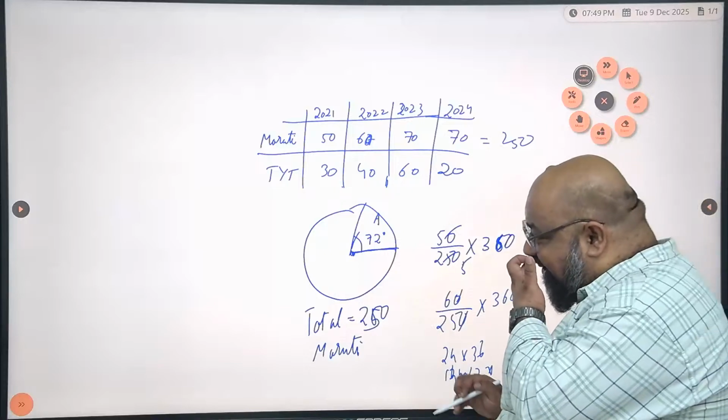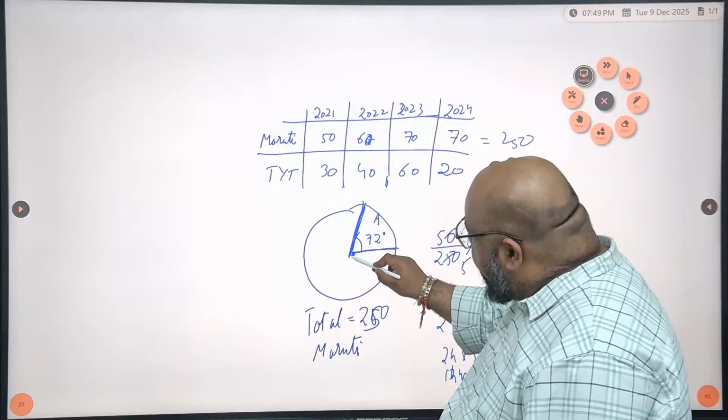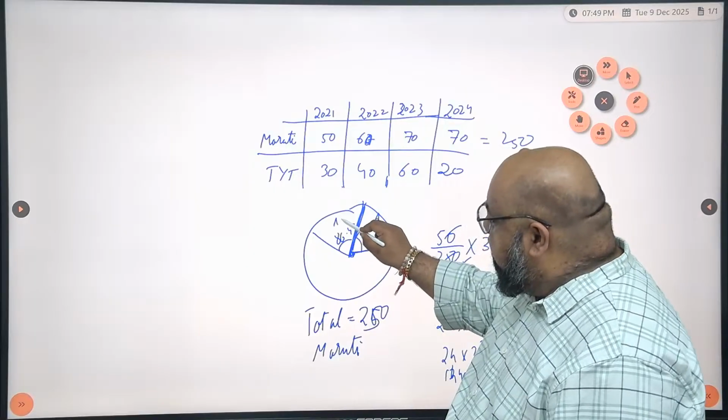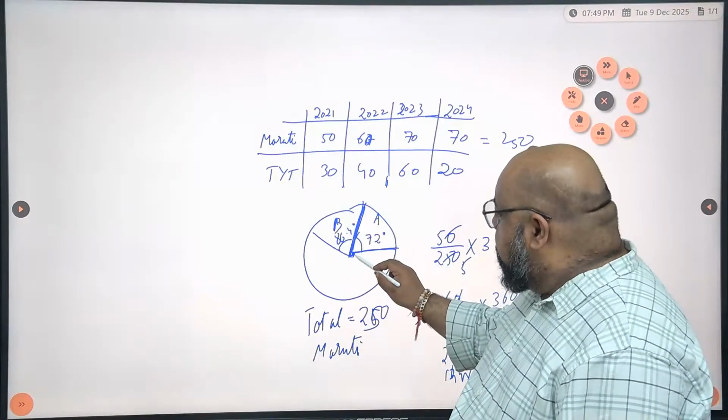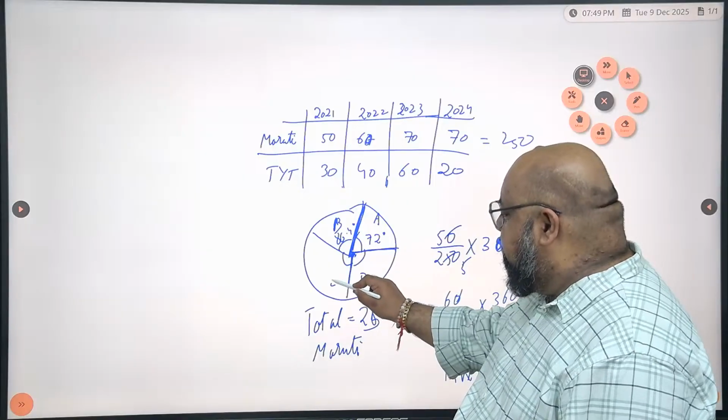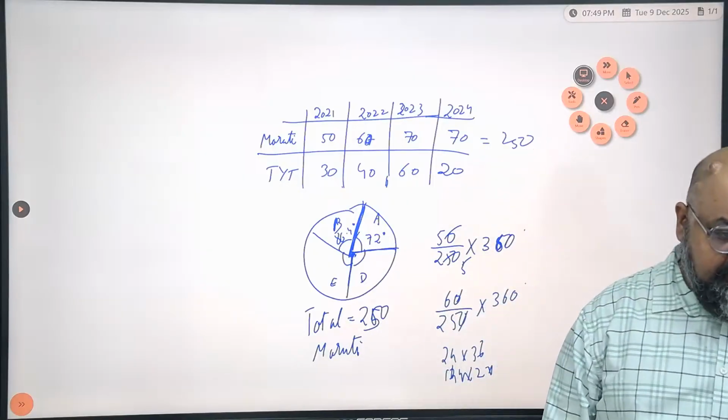It is 86.4 degrees. So from this line, I will draw an angle of 86.4 degrees. This will become B. Similarly, we will draw for C and we will draw for D as well. 70 upon 250, 70 upon 250.